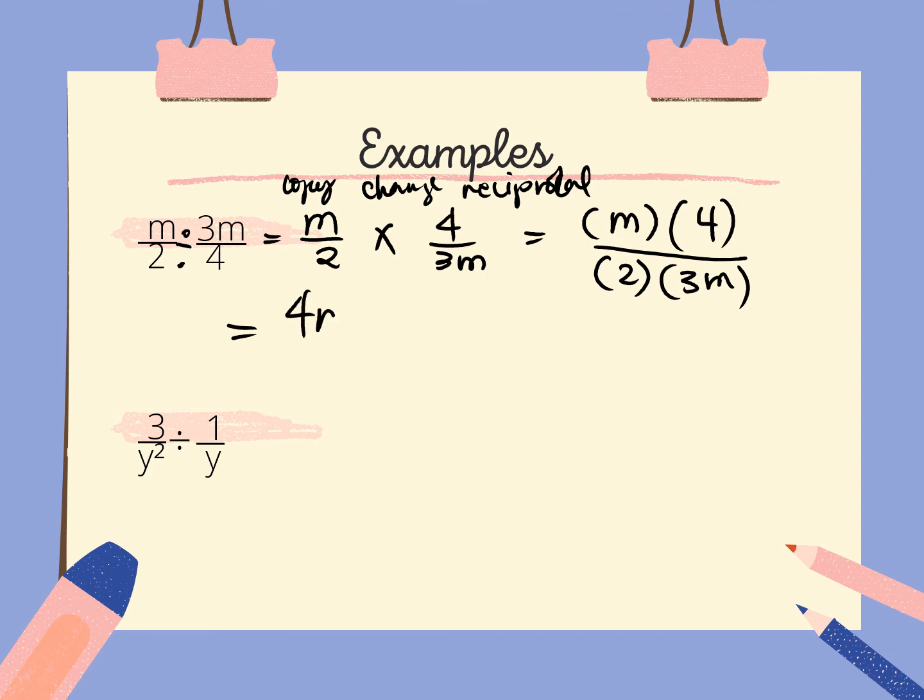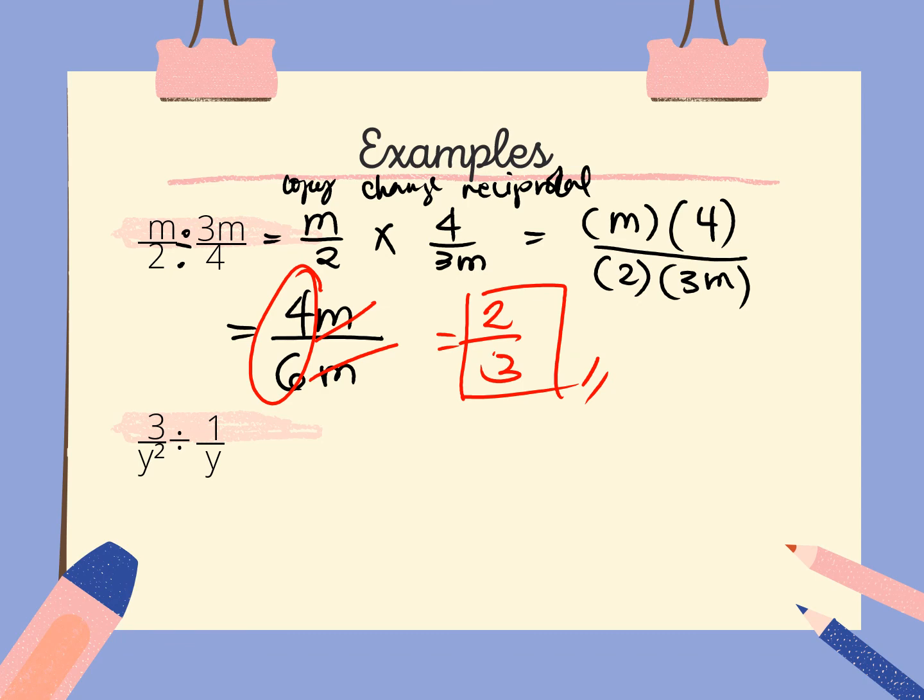So m times 4 is 4m, 2 times 3 is 6m. Then simplify: 4 over 6 can be expressed as 2 over 3, and m over m can be canceled. So our final answer will be 2 over 3.